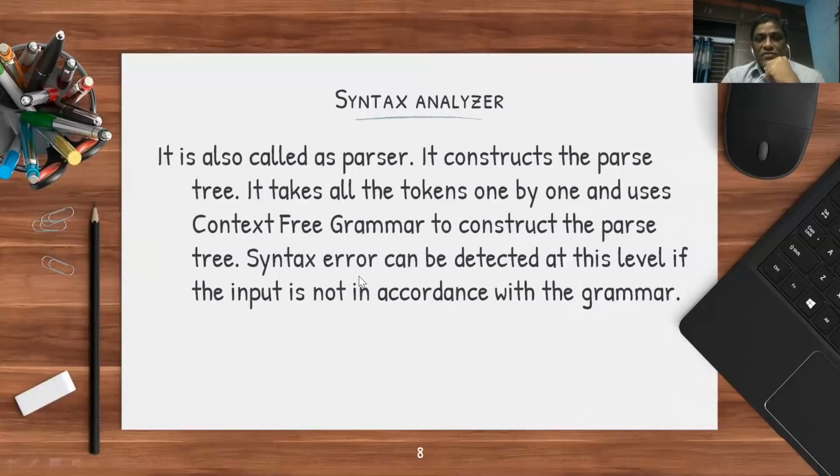In case it is not syntactically correct, it throws the appropriate syntax error to the users or programmers. Okay. So the other name for the syntax analyzer is parser. And the job done by the syntax analyzer is syntax analysis, which is also called parsing. Syntax analyzer is also called parser. Syntax analysis is called parsing.